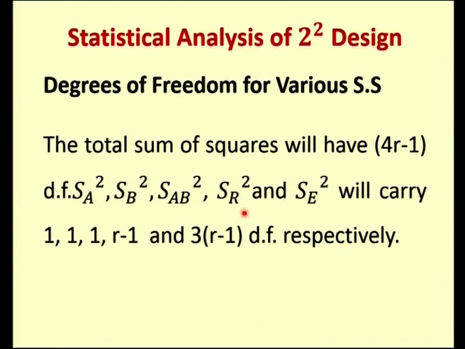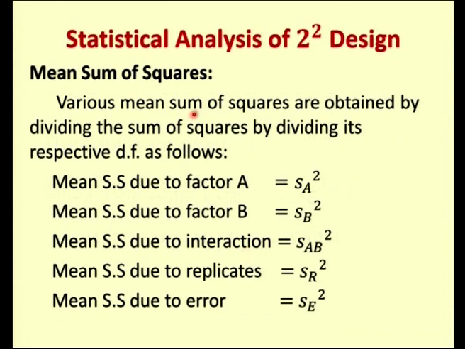The sum of squares due to replicates will have r minus 1, since we have r replicates in total, and the error degrees of freedom is 3 into r minus 1. Mean sum of squares are obtained by dividing the various sums of squares by their respective degrees of freedom. Since the sums of squares due to factors A, B and interaction have 1 degree of freedom, the mean sums of squares due to A, B and AB will be the same as the sums of squares due to A, B and AB.